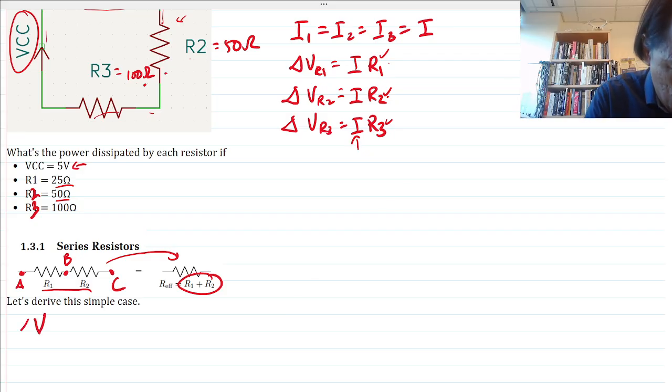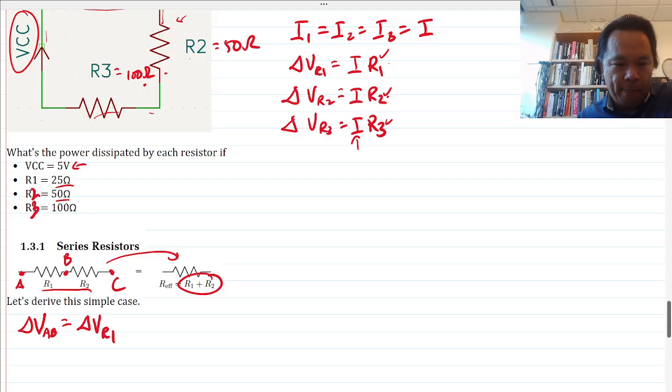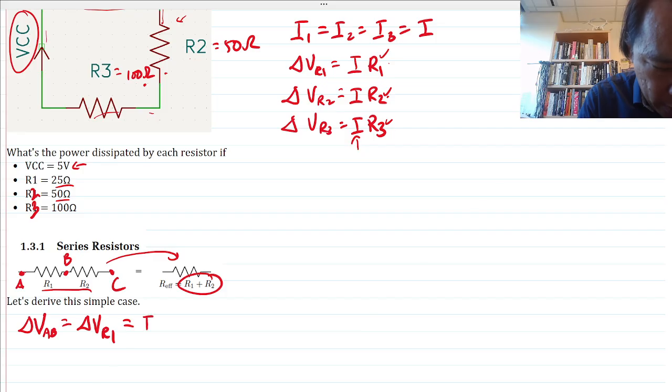So the change in voltage between A and B is the same as the change in voltage across resistor R1. And that's going to be equal to I times R1, according to Ohm's law.